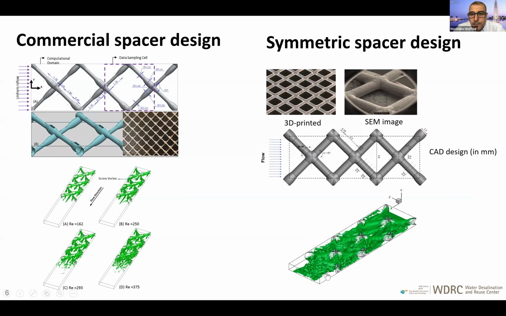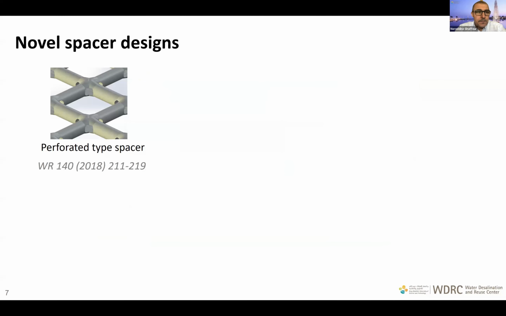This is the first point to highlight. So we use the CAD to fabricate the spacers ourselves using advanced 3D printing technology. So what are the spacers? I will just give you some of the spacers developed by our group.